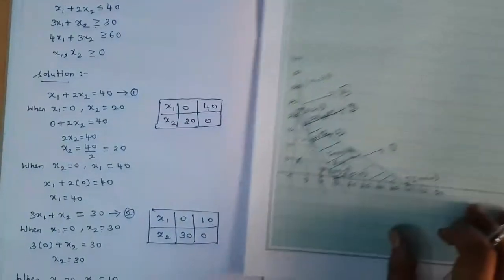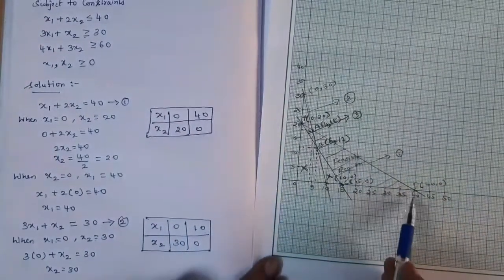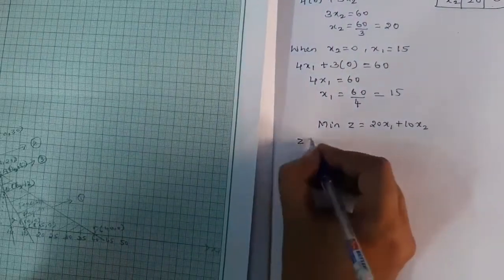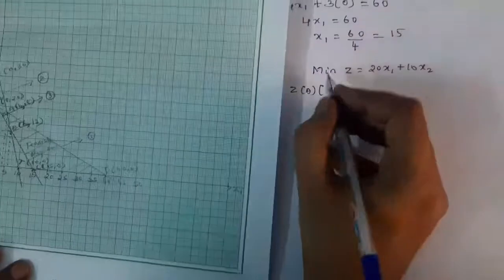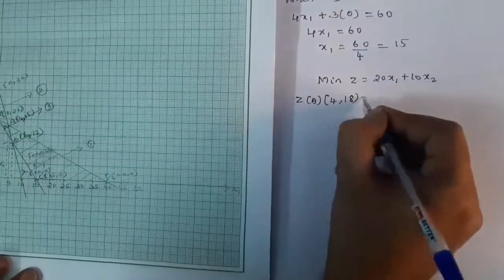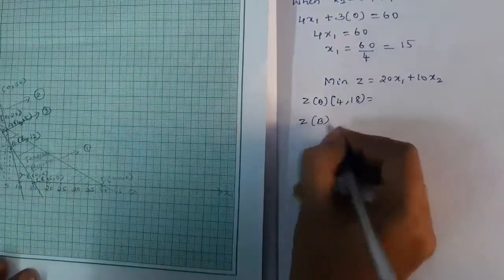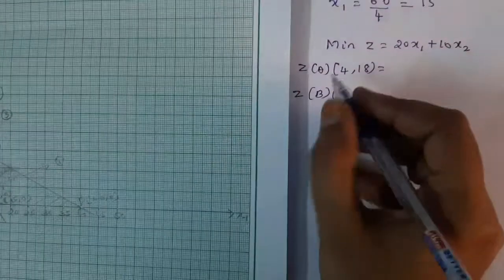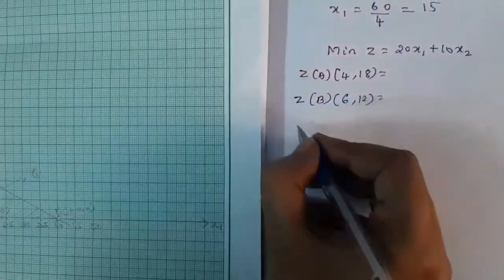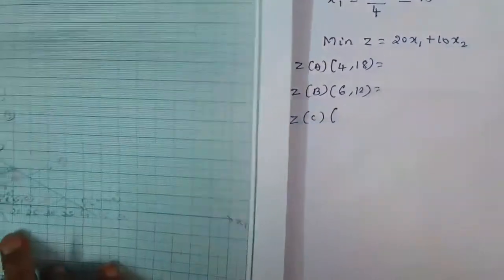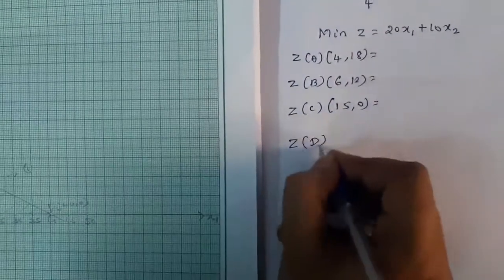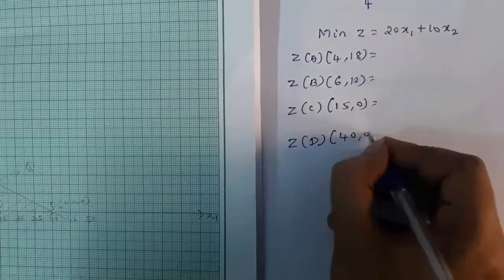We have 4 corner points A, B, C, D. First z of A, where the value is (4, 18). Next z of B is (6, 12). Next z of C is (15, 0). Next z of D is (40, 0).